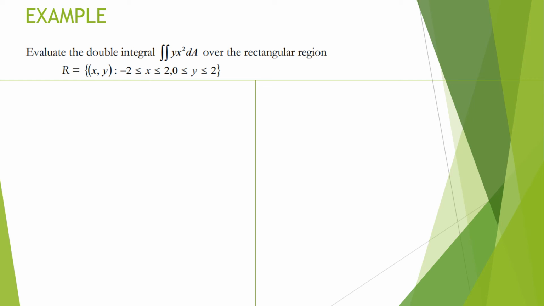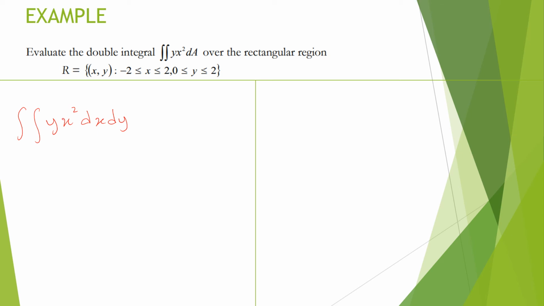Look at our next example here. Evaluate the double integral over the rectangular region R. We want to perform dx dy or dy dx. It doesn't matter, it will give you the same answer.